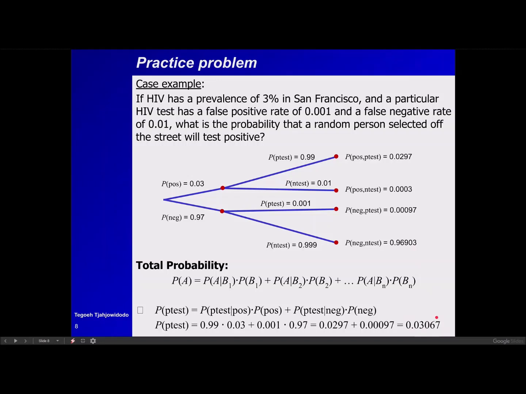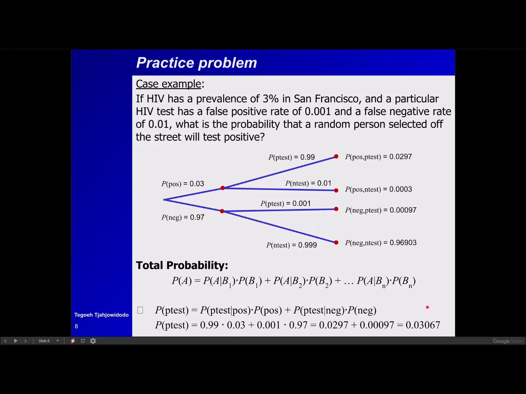So what does this number mean? This number means the probability of someone having a positive test, regardless of whether they are really negative or positive for HIV.